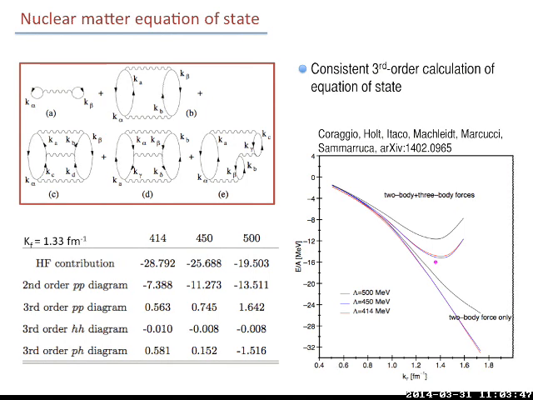I think the calculations are pretty well converged, as we saw. And the potential you use, is this consistent N2LO? Did I understand that correctly? No, this is actually inconsistent. All of the calculations I'll show right now are still inconsistent. Nevertheless, we're working on the N3LO three- and four-body forces.